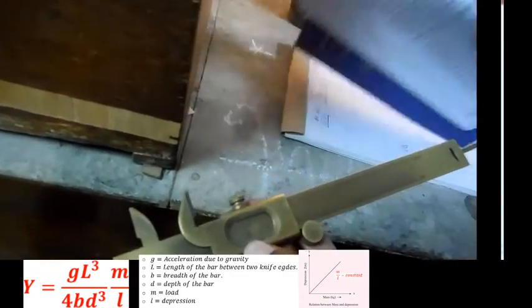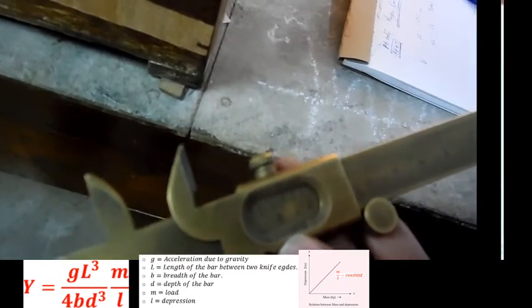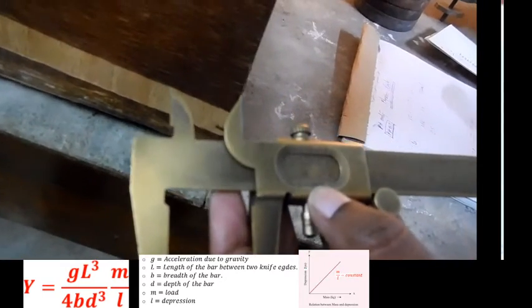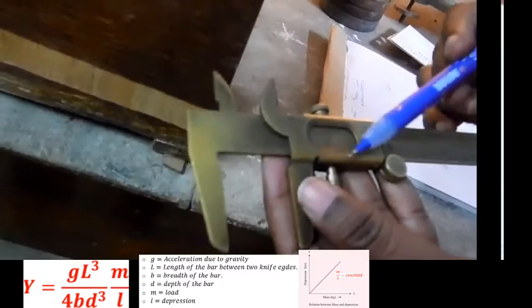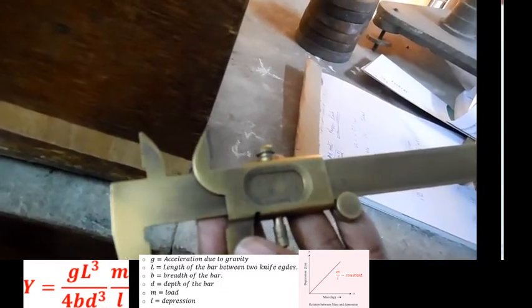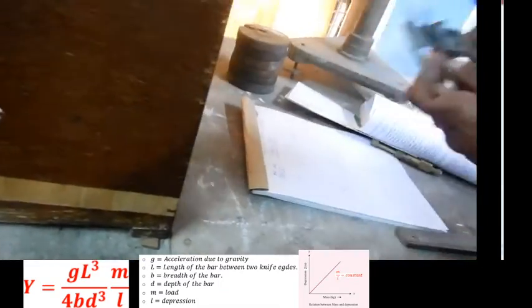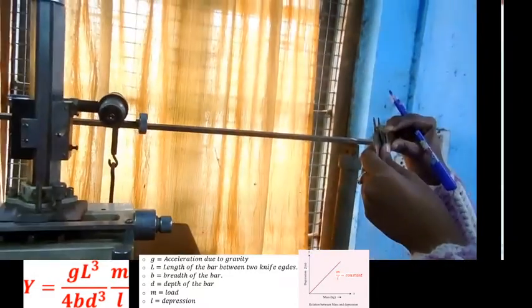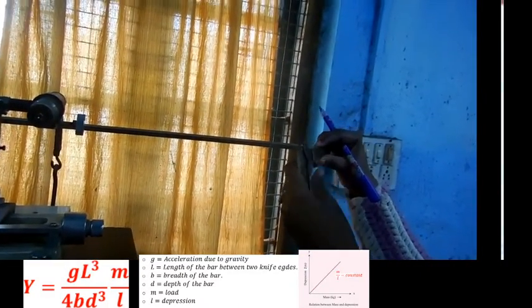and then you have to find out the main scale reading. In this case the main scale reading is 2.5, and then you have to see which vernier division coincides with the main scale. Sorry, it's 2.6 for the main scale reading, and for the vernier it is 2.